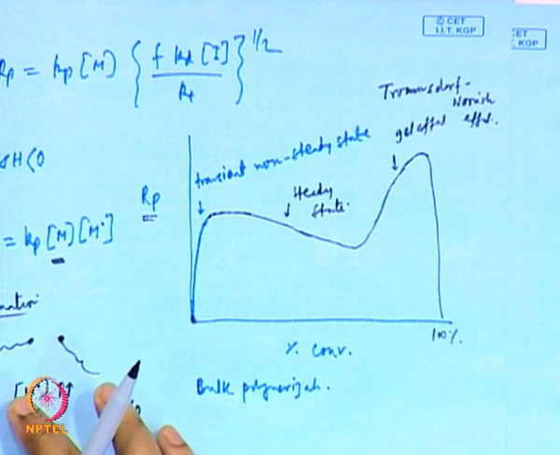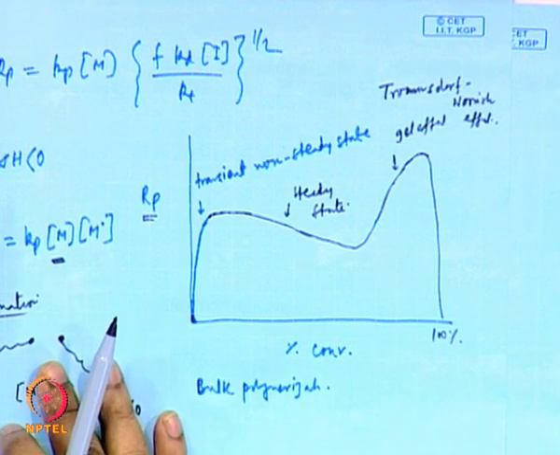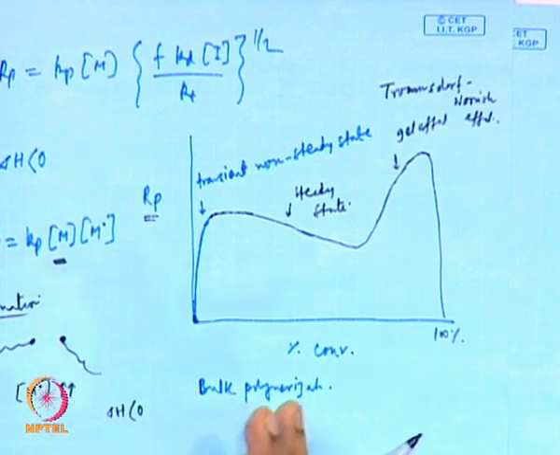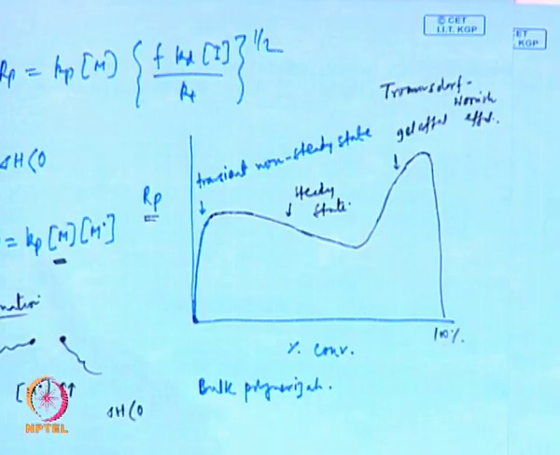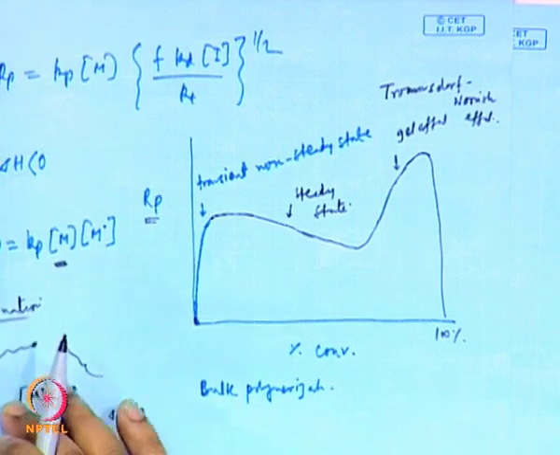If you are doing the reaction in a solution, and the concentration of the monomer in the solution is lower, then the viscosity does not go up that much, and because the polymers are forming in the solution, the heat management is very good. So, there is no heat accumulation or increase in temperature, and the gel effect does not happen.